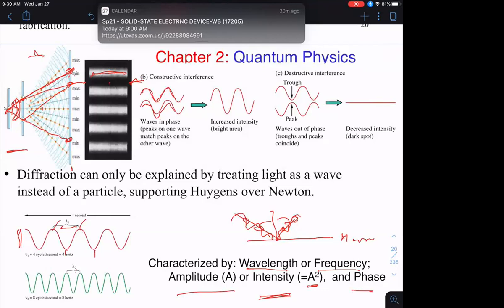And then finally, you have the concept called the phase. The phase tells you where in the time domain or the spatial domain these waves peak or go to the trough. So for example, I can simply take this red wave and shift it a little bit. It's hard to draw on the screen.